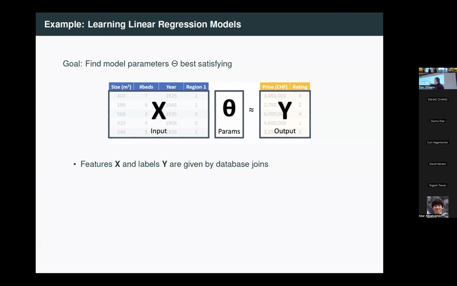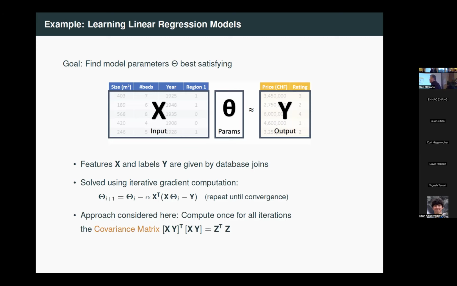I want to find these parameters such that this is as close to equality as I can. You typically take the difference, take the square, and try to minimize that. Here are the features X, this is the label Y, but they are given from my data that resides in databases.